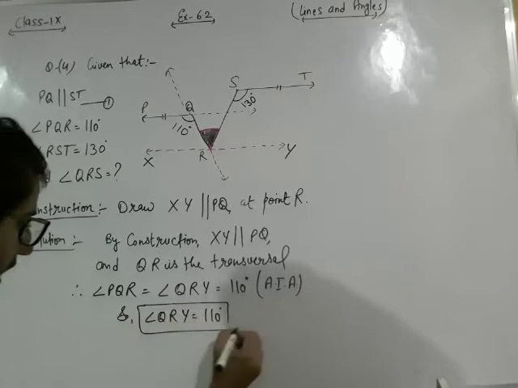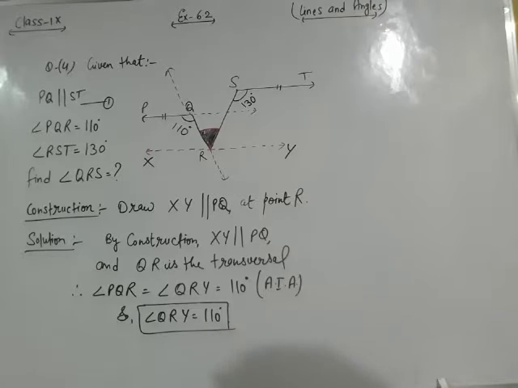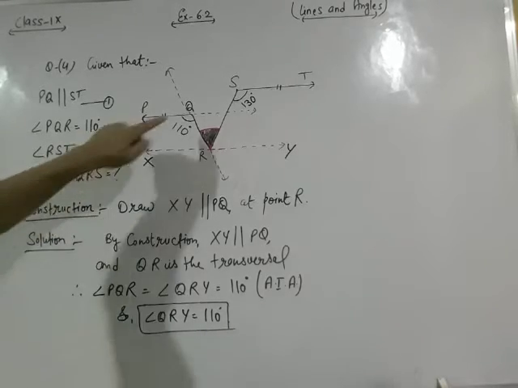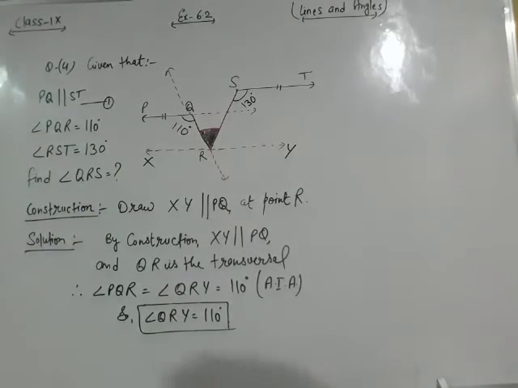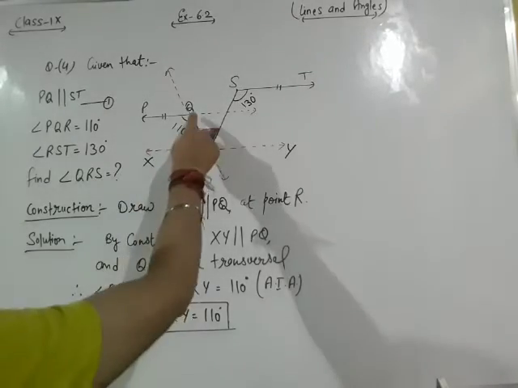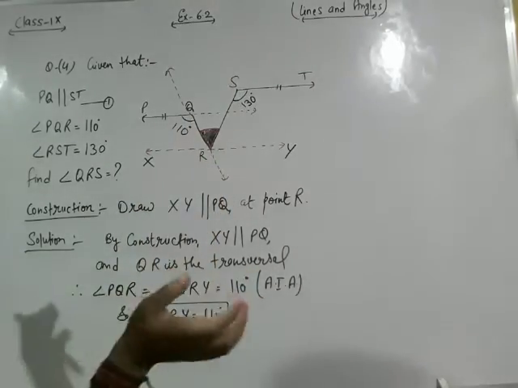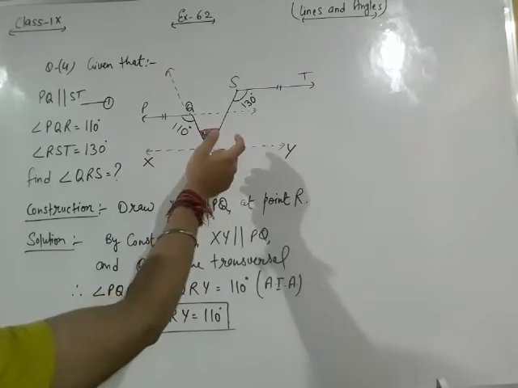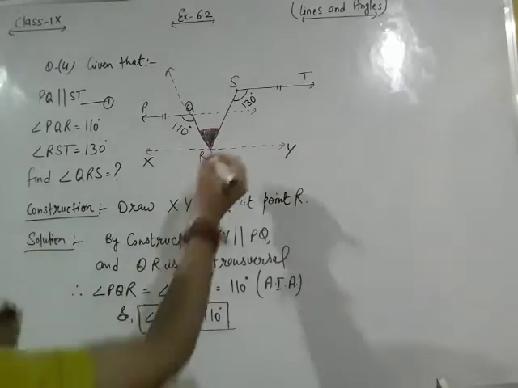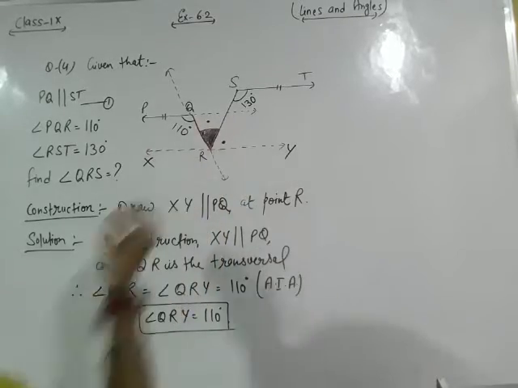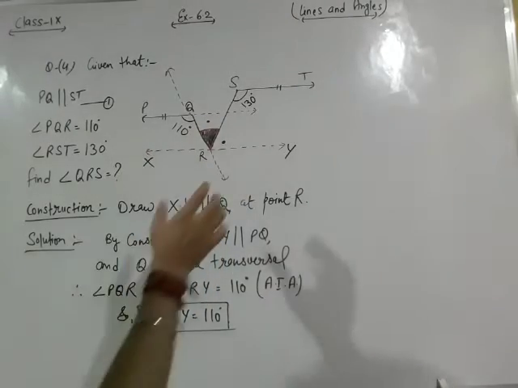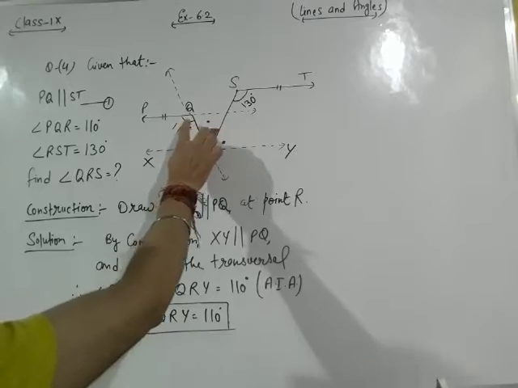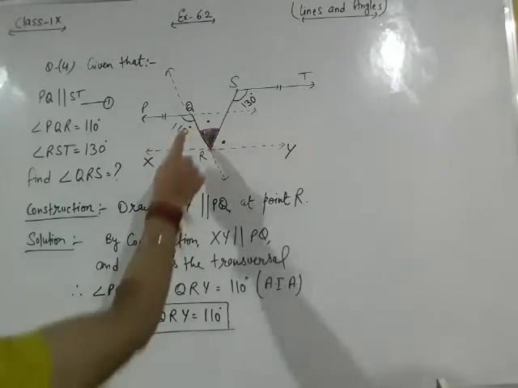But we don't have to find angle QRY. We have to find QRS. We can find the value of angle QRS if we subtract this smaller angle from this angle. Try to understand. We have the value of QRY.